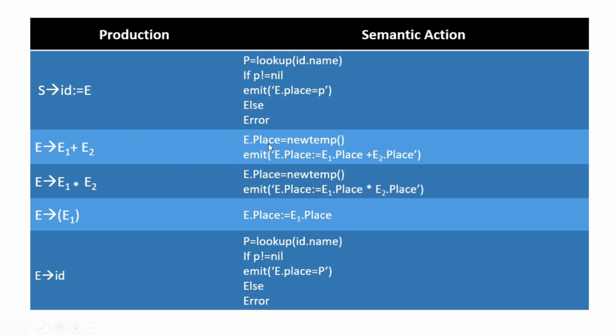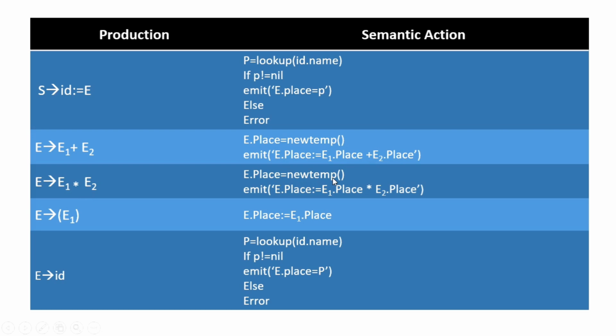In this case, e will have a temporary variable. A new temporary variable will be generated, for instance t1, and then e dot place will be composed of e1 dot place plus e2 dot place. When we go for the next production, e tends to e1 star e2, similarly a new temporary variable will be generated for e dot place.